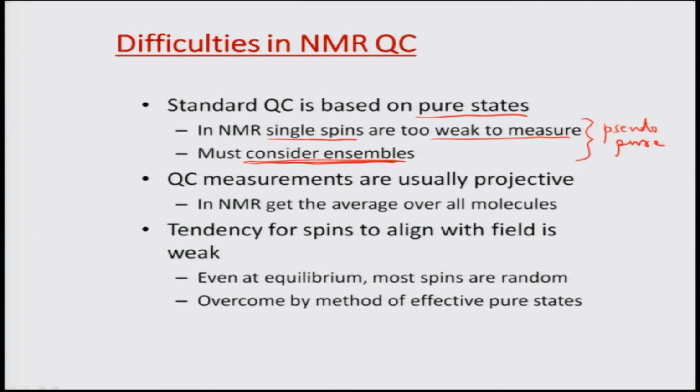The quantum measurements are usually projective, and in NMR you get the average over all the molecules.